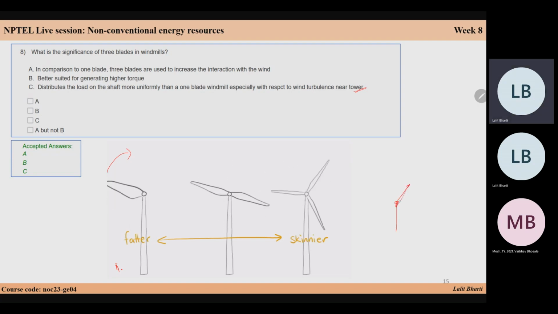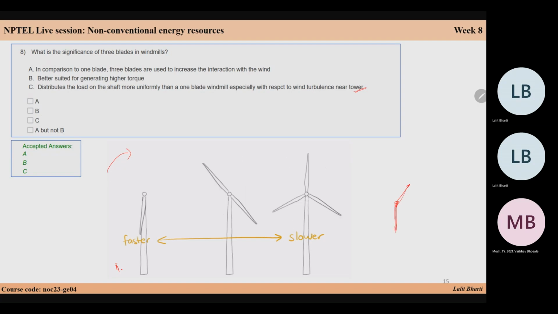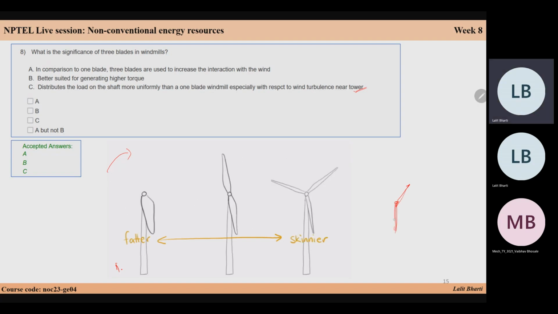So if you have only one blade, its efficiency will be very low. Also, it will generate a very large amount of stress on the overall windmill structure. So that is not very optimum for windmills.